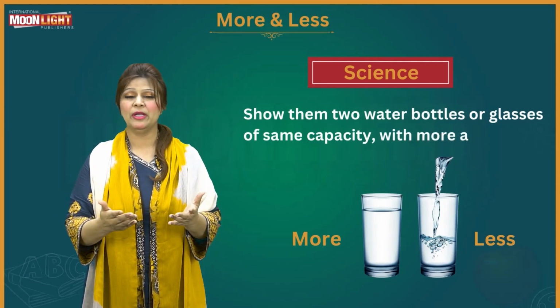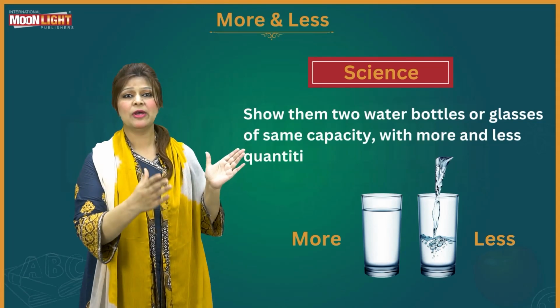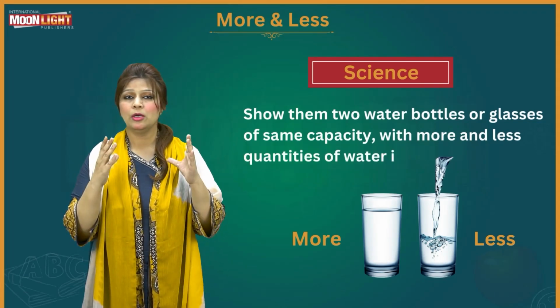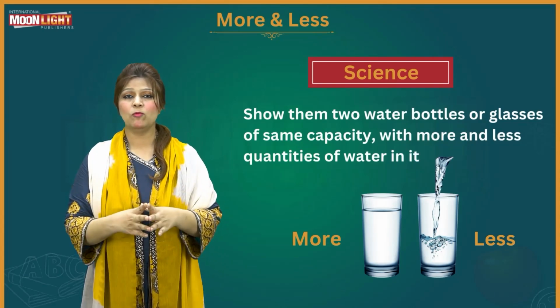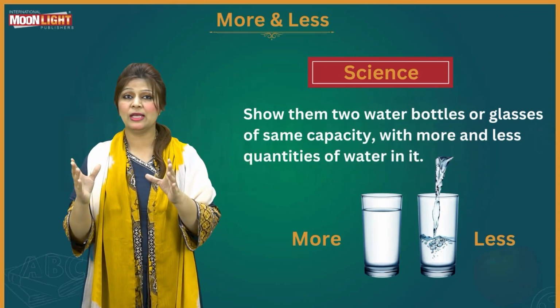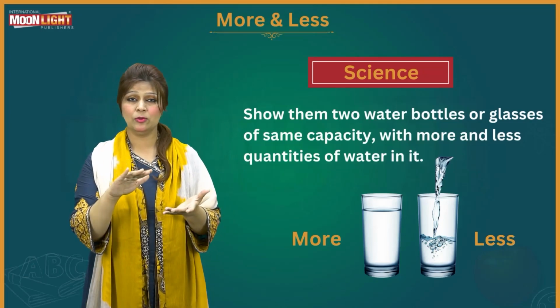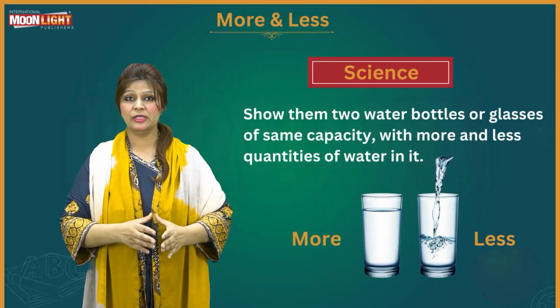So that's why my suggestion is that you put glasses on the table. And check one more interesting thing: the capacity of the glasses must be the same, not different capacities. This is what you all have to take notice of yourselves.